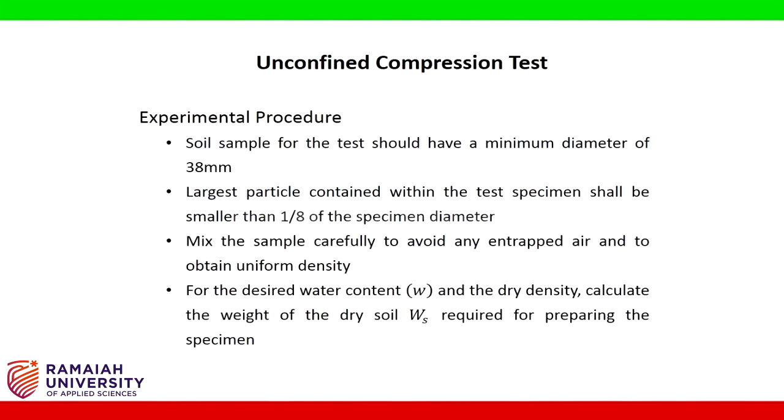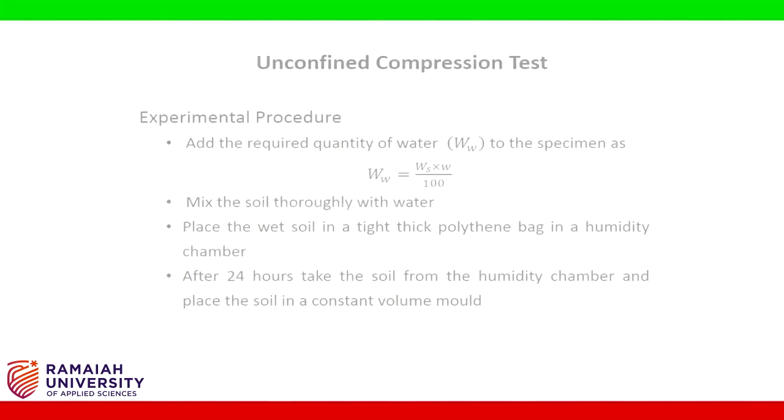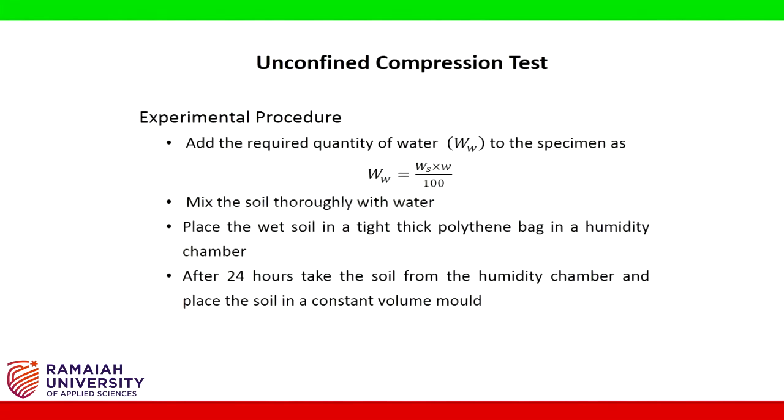For the desired water content W and the dry density, calculate the weight of the dry soil Ws required for preparing the specimen. Add the required quantity of water Ww, where Ww equals Ws × W / 100. Mix the soil thoroughly with water.